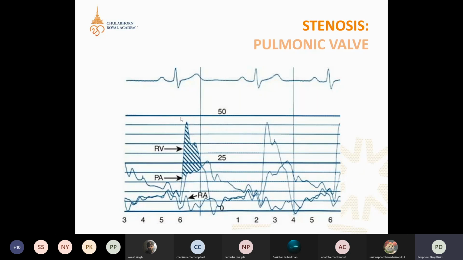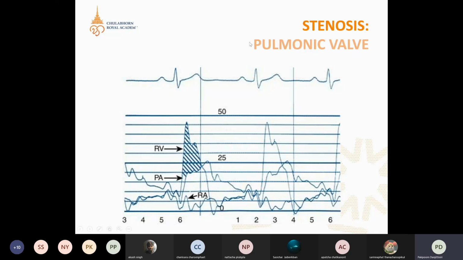You have to think, if you want to see the difference between the two pressure chambers, which phase you will see. Definitely for pulmonary valve stenosis, you will be able to see the gradients during the systolic phase again.